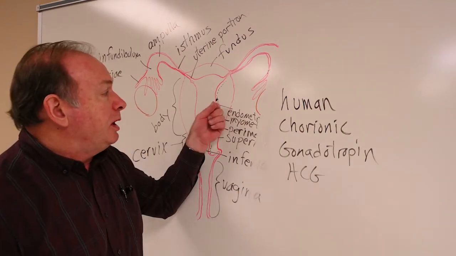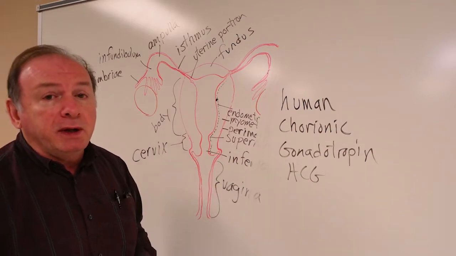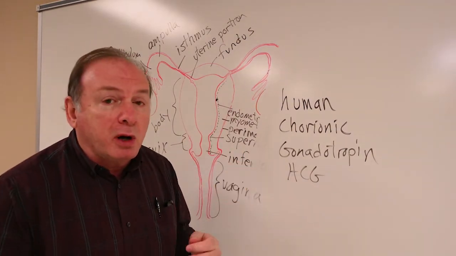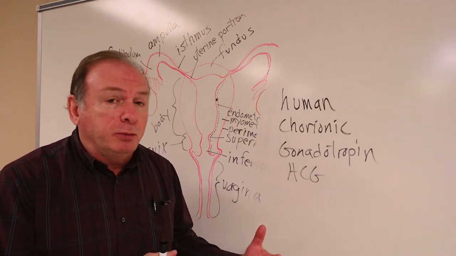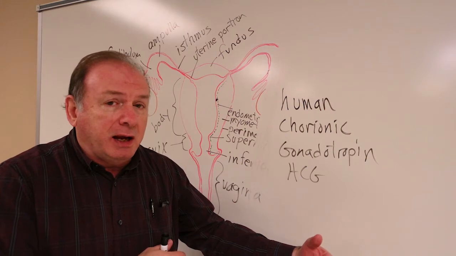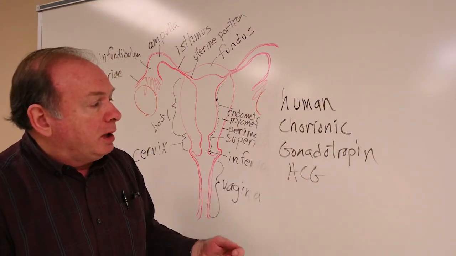If this hormone is being produced in the tissues around the embryo, in the wall of the endometrium right here, that hormone will cause the corpus luteum to retain itself in there and not regress after the normal 12 to 14 days. That is typical of that.